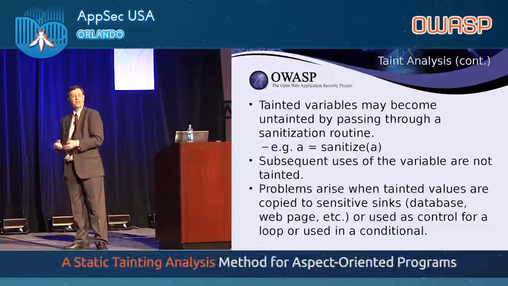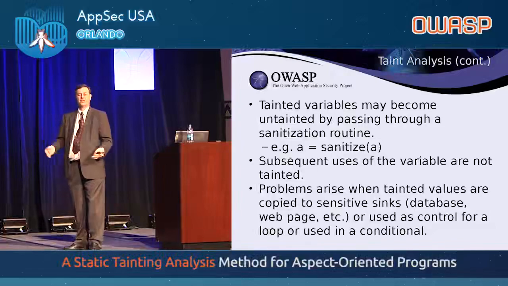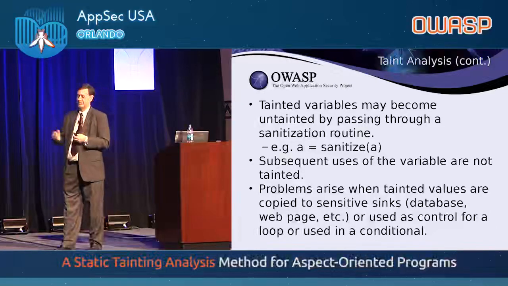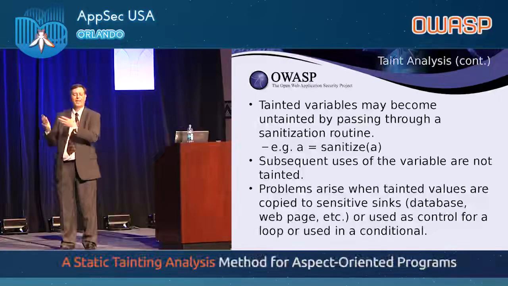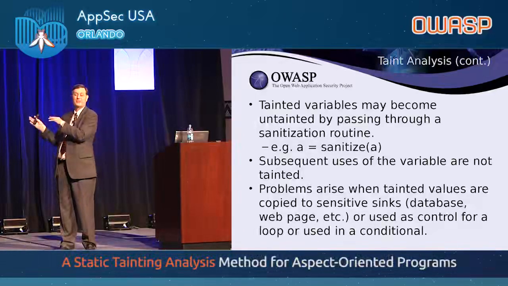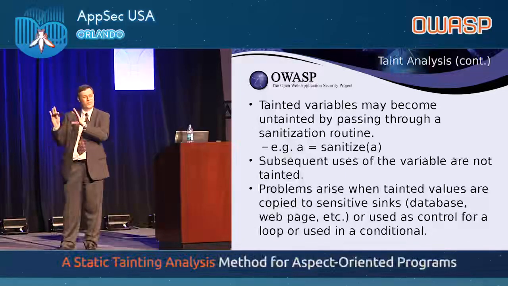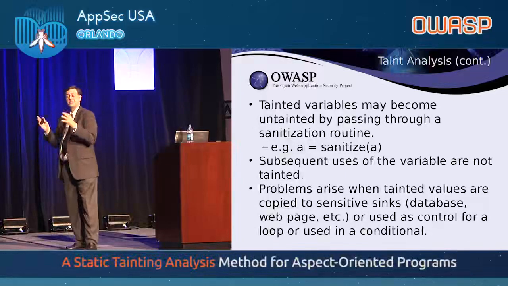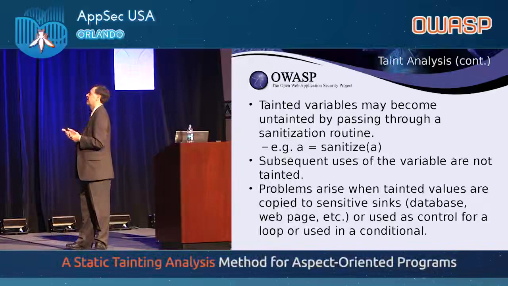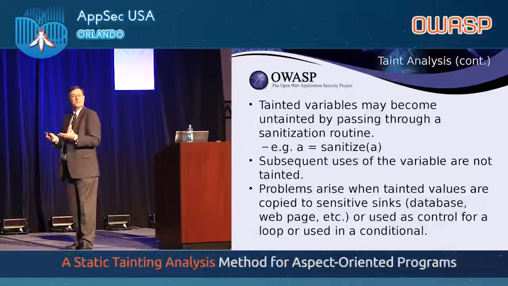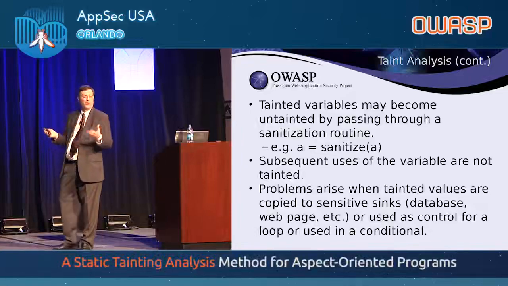There's a whole body of research about deciding whether or not these sanitization functions are correct, but that is way outside the scope of what we're covering here. We just know that we have a sanitization function of some kind. After that, subsequent uses of the variable are not tainted anymore. We can use it safely.